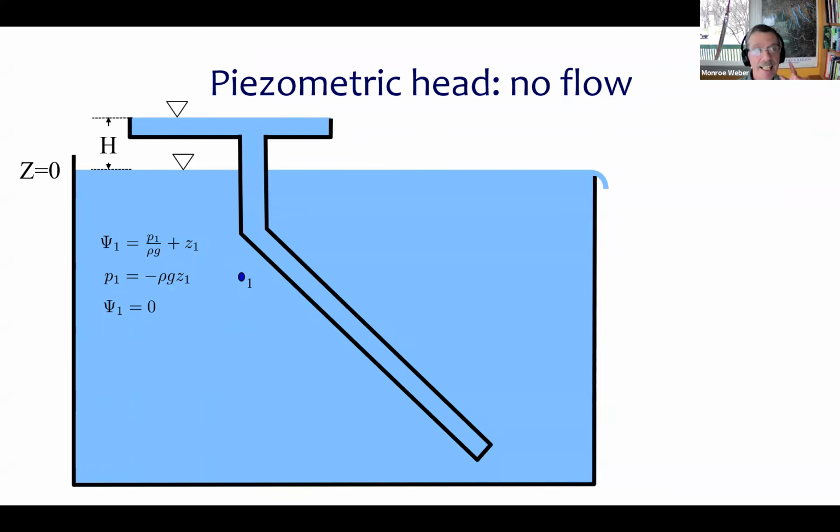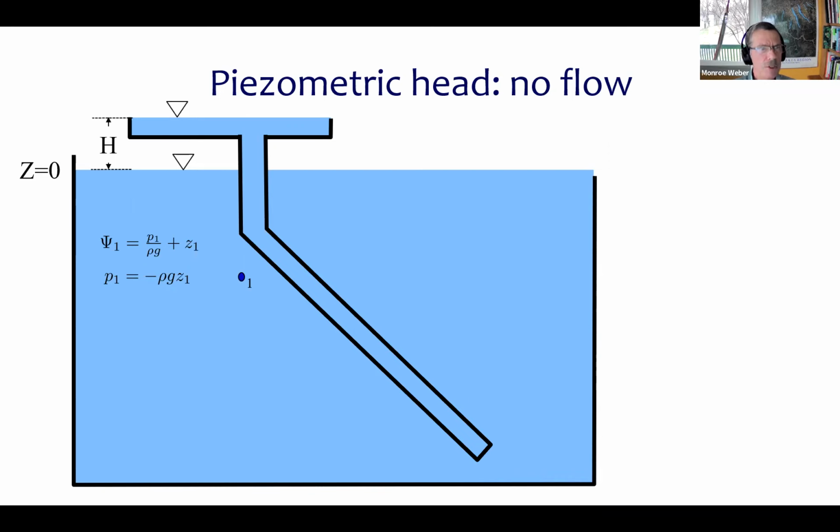Piezometric head in a lake is 0, which all that means is that if you take a straw out to, let's see, you're not that close to Lake Ontario, but no, it's Erie, which is above you.